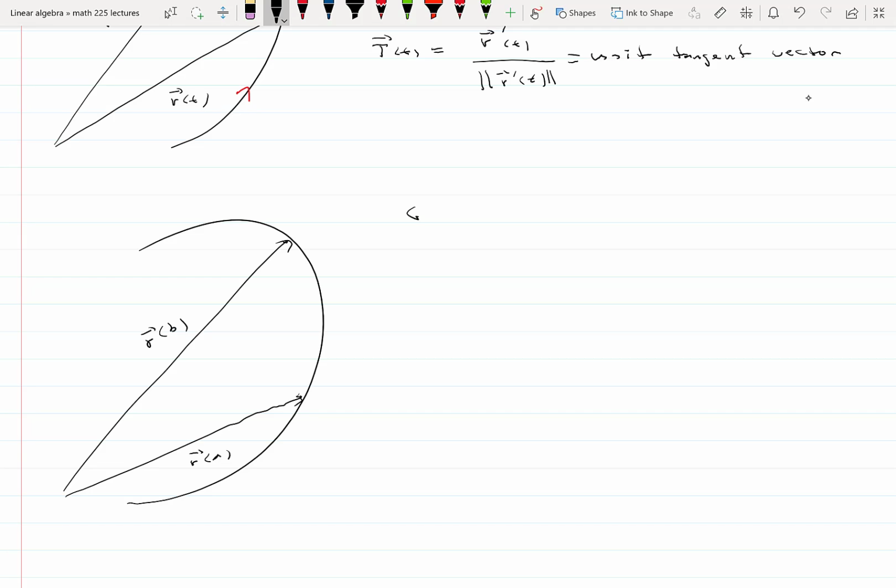And our first goal is to find the length of the curve, or the arc length, between r of a and r of b.